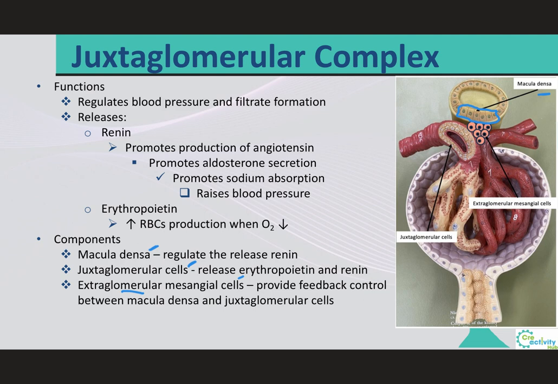Remember how I said that the distal convoluted tubule swings around and comes between the afferent and efferent arterioles. The epithelial cells of the distal convoluted tubule are simple cuboidal epithelium, so these columnar cells are specialized cells forming the macula densa.